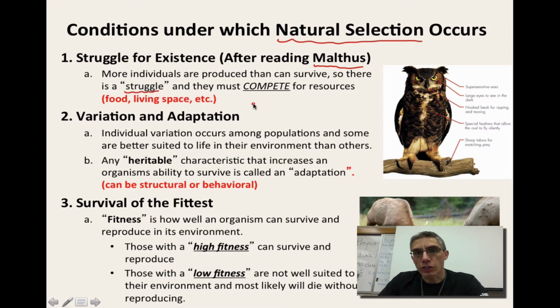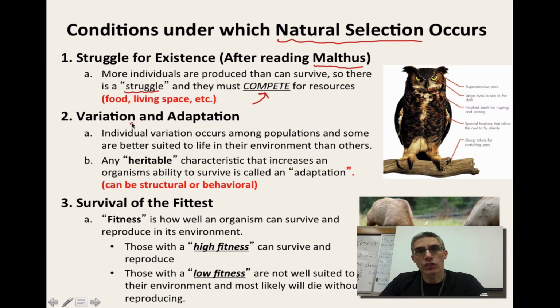They have to compete for certain resources, and those resources would be things like food, living space, and reproductive capabilities, in other words, their ability to reproduce or find mates. There are lots of different factors that might contribute to that competition. But you can't get natural selection, the idea that you select those that have a better chance at living in that environment, unless there is some sort of competition. So there has to be a struggle in that population.